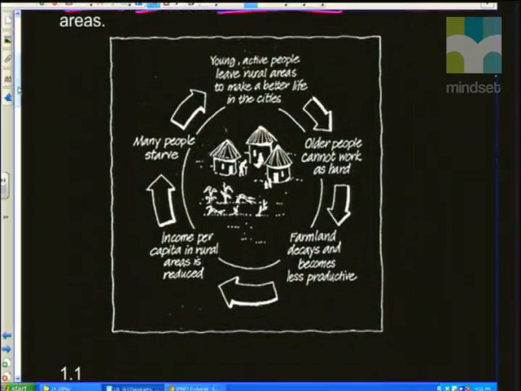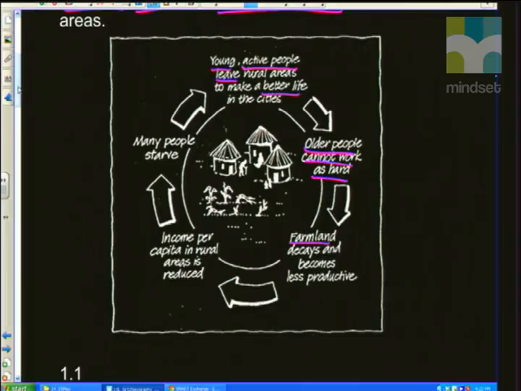Fairly similar to what we looked at before, all right? So firstly, all the young, active people, they want a better lifestyle, they want more excitement, they want more entertainment, they want better jobs. They're going to leave to make a better life in the cities. The older people are left behind, and they're too old to work as hard. So they can't produce many crops, they can't handle the workload.